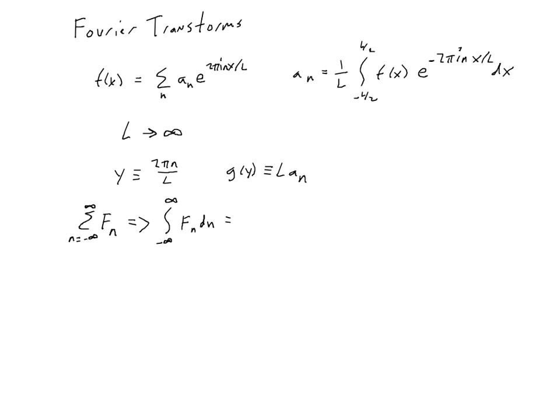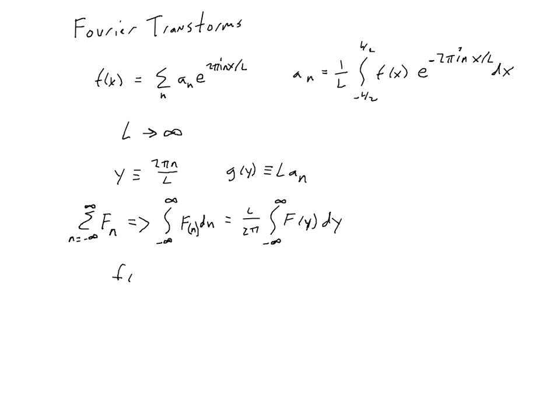Since we can relate n to y, we can replace our n with a y, and this is equal to L over 2 pi times the integral from minus infinity to infinity of f of y dy. So we've magically made our sum turn into an integral, for some function that's parameterized by n.